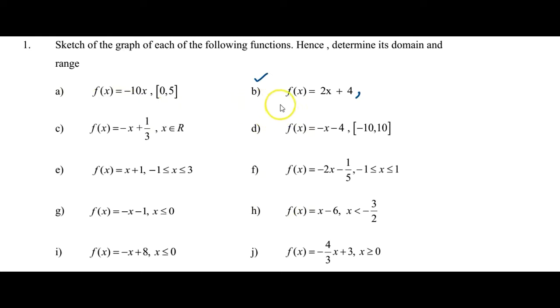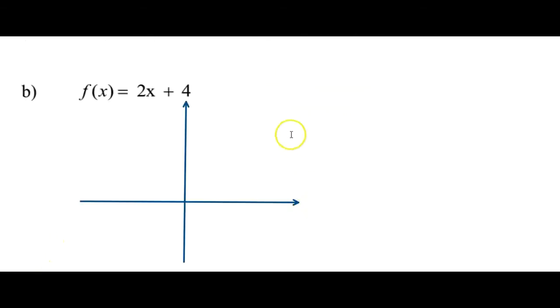So here we look at the function 2x plus 4. How are we going to sketch 2x plus 4? Here I have my x-axis and y-axis. To sketch 2x plus 4, I am going to start from the basic graph, that is y equals x. Y equals x is the basic graph of the linear function.